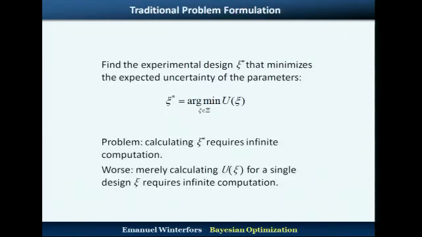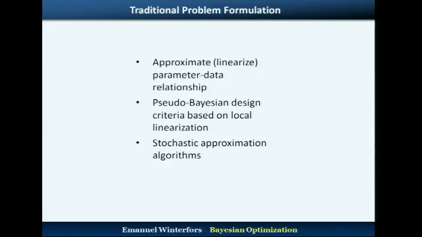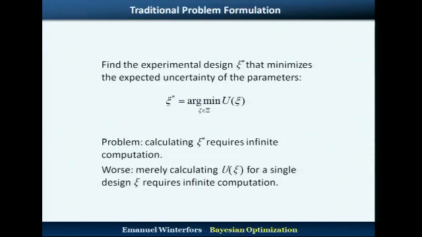So the classical formulation of experimental design, I formalize it here as just choosing a particular design, xi, to minimize some sort of measure u of the expected uncertainty of the parameters post-experiment.